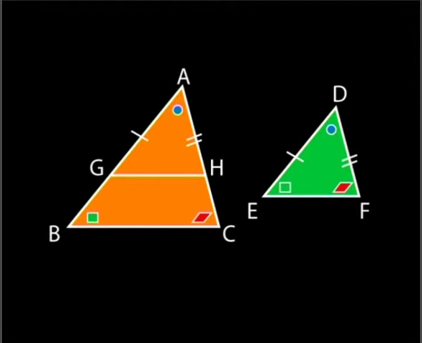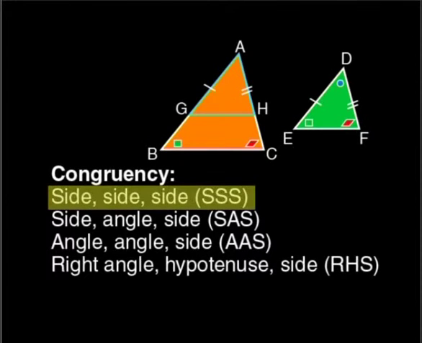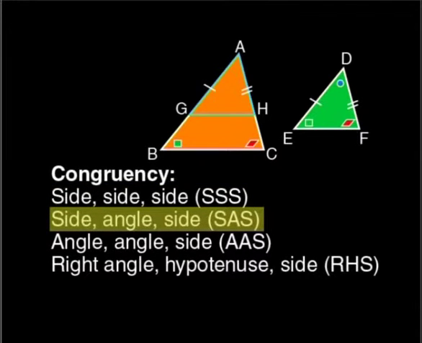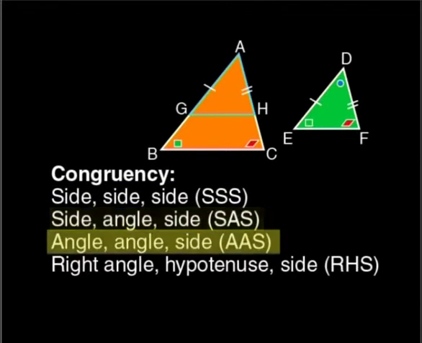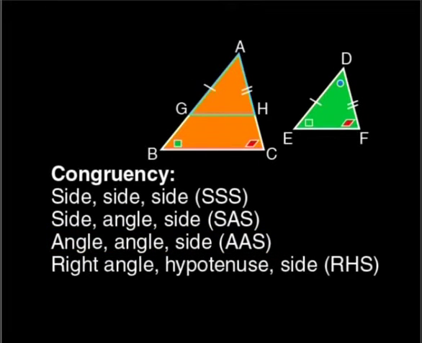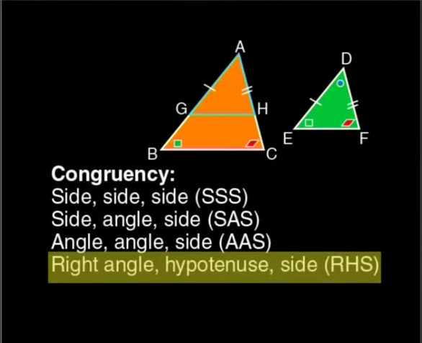Remember, for congruency, you need 3 corresponding sides equal, 2 sides and the angle between them, 2 angles and a side, or lastly, a right angle, the hypotenuse, and another side equal.